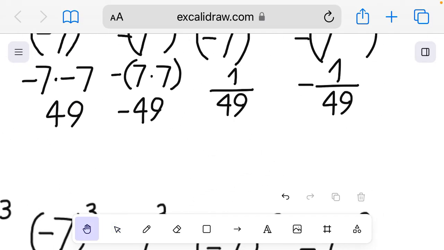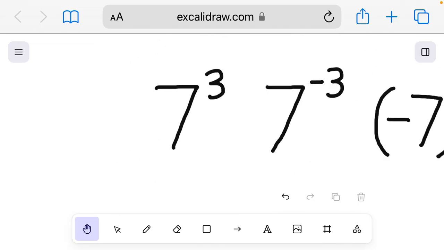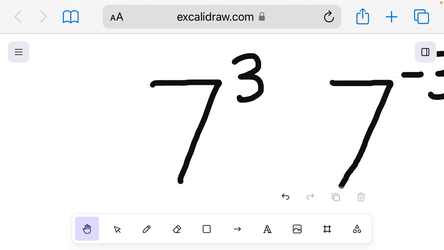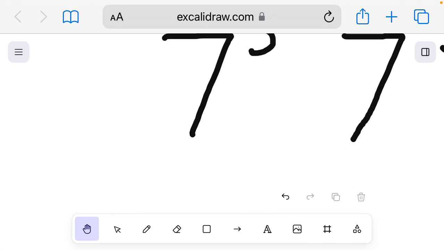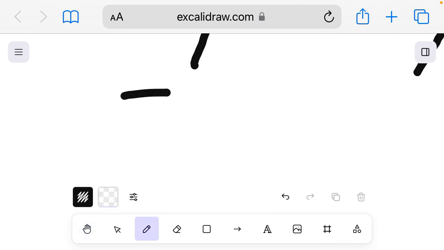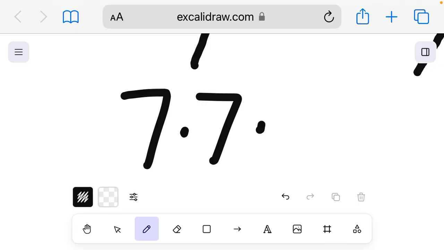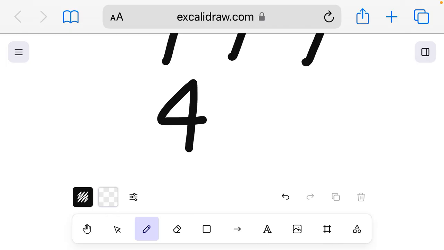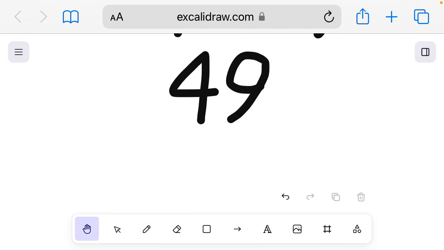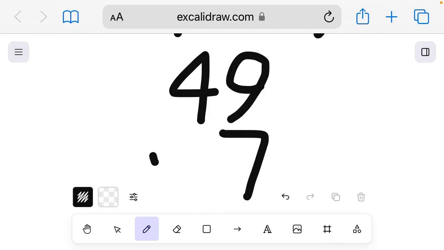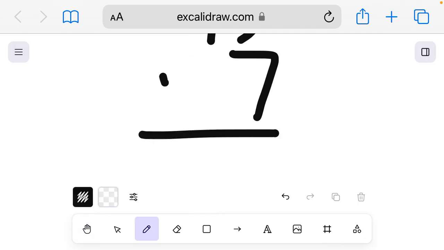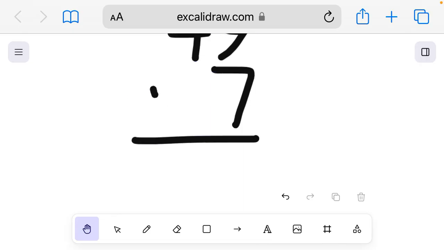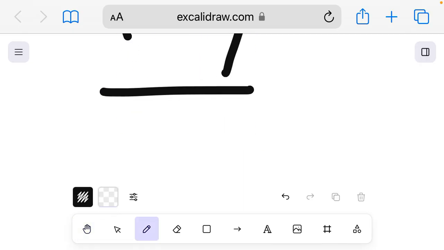Now let's move on to the next set, which is cubes. The first one we have is 7 cubed. And you already know what it is. It's 7 times 7 times 7. 7 times 7 is 49, and then we have to multiply by 7. So in order to do this, you use the short multiplication.